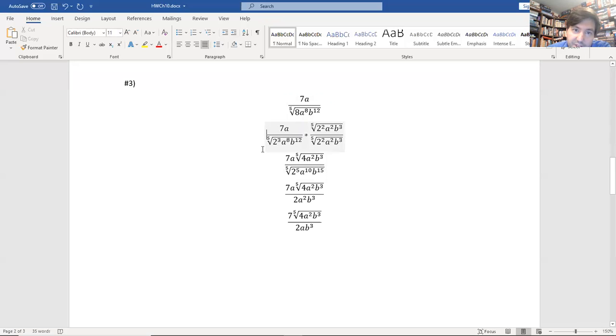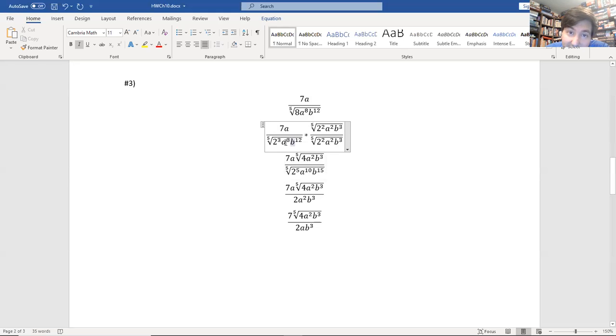Now, in order to get rid of this root, basically what I need is powers of the 2, the a, and the b. And the way a fifth root works is it's basically going to divide a power by 5. So what that means is I need to get up to the next multiple of 5 that I can get to.